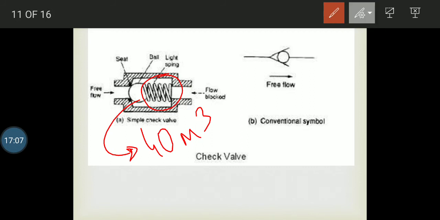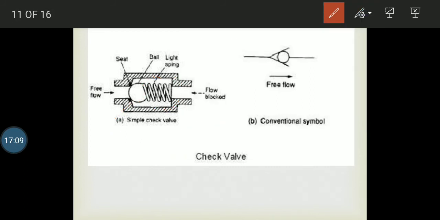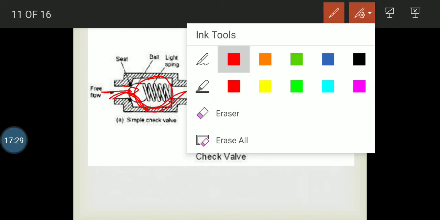So once this 40 meter cube of discharge limit has been crossed or attained, the fluid will compress the spring and move into the chamber, and once this fluid has moved into the chamber, it will start flowing outside from the other section.